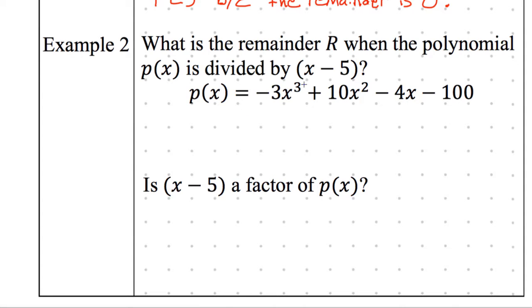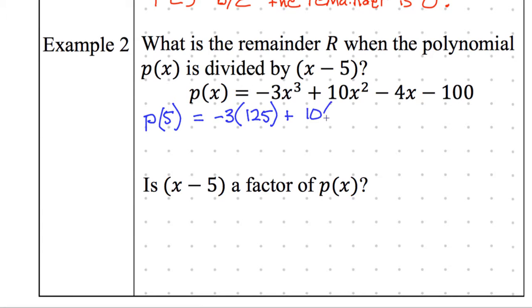All right, so I'm plugging in positive 5 into all of these, so P of 5 is equal to, do you just want to shout at me to tell me what to write? Negative 3 times what? 5 cubed. 125, thank you.